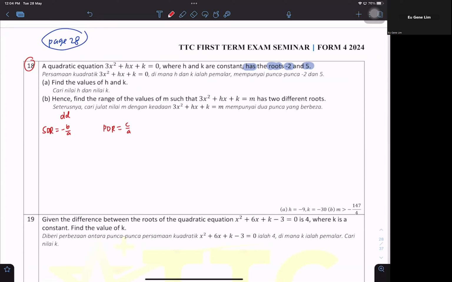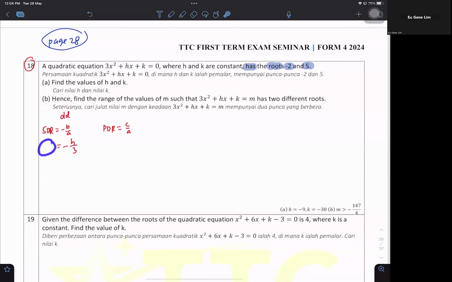Then what is the sum? Sum of roots, right? Yes, I know it is negative b over a, negative h over 3. But what is the left-hand side? I know the right-hand side is negative h over 3 because b is h and a is 3, everyone knows.